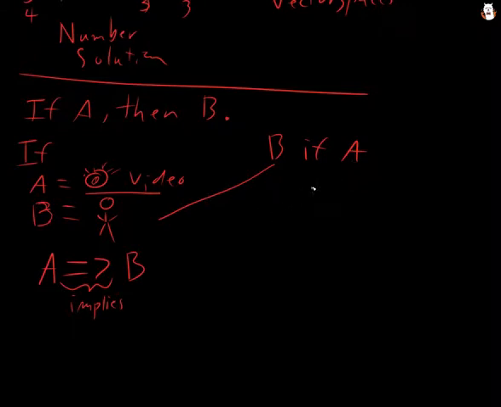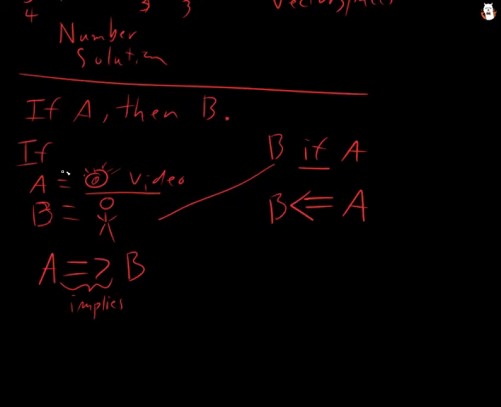The direction of implication for this statement is now backwards. What I mean by that is that we still have A implies B. So when we have if A then B, the direction is forwards, whereas if we have B if A, the direction is backwards. I would strongly recommend that you read through those statements a few times to make sure you understand why the direction switches if we put the if over here.